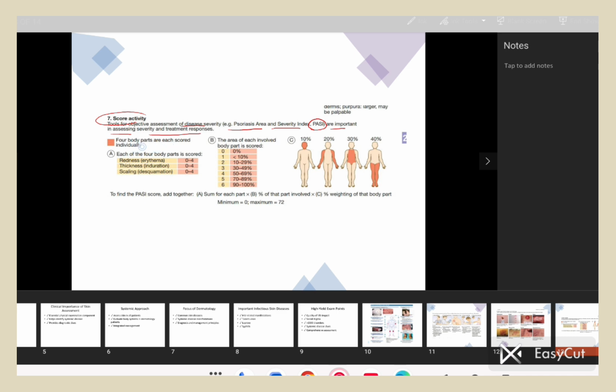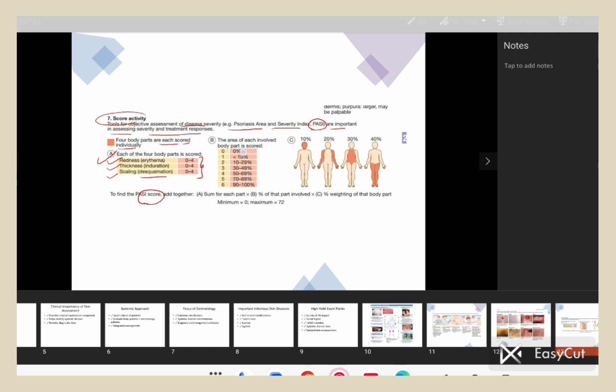We check 4 body parts, and each is scored individually. To find the PASI score, first we check each of the 4 body parts for redness, thickness and scaling. Redness is erythema; thickness is induration; the term for scaling is desquamation. The score is between 0 and 4, and then the area of each body part.